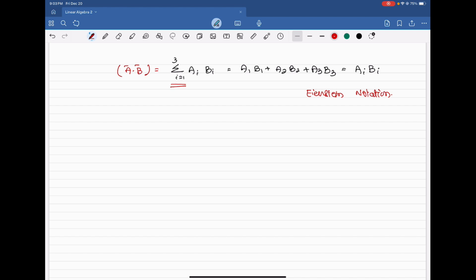Let us see. Let us take vector A equal to A1 I plus A2 J plus A3 K, and B equal to B1 I plus B2 J plus B3 K.